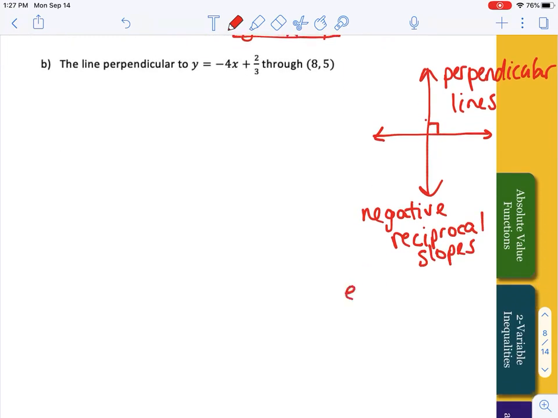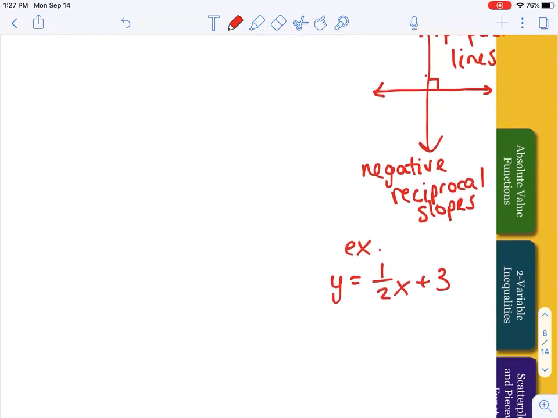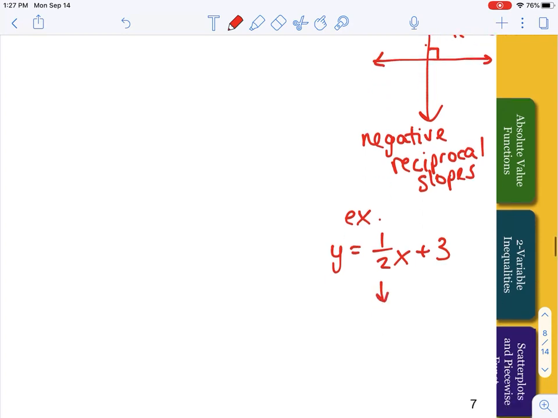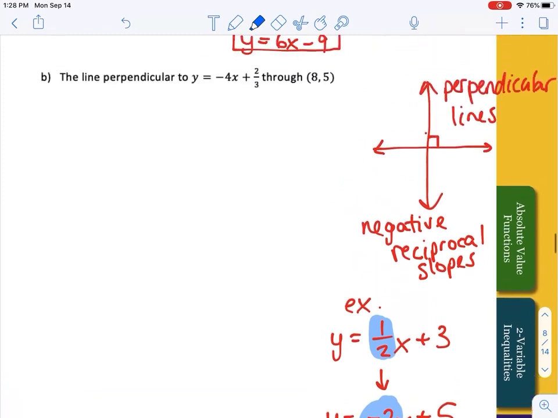So, for example, we have y equals 1/2 x plus 3. The opposite reciprocal slope to this would be y equals -2x plus 5. Opposite reciprocal means it changes sign and it flips the fraction.